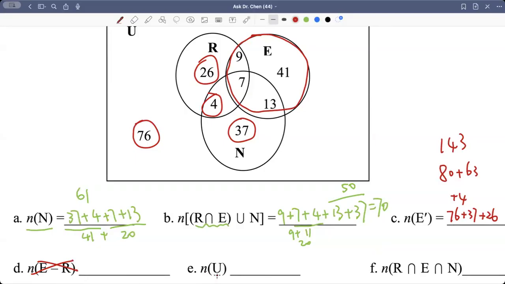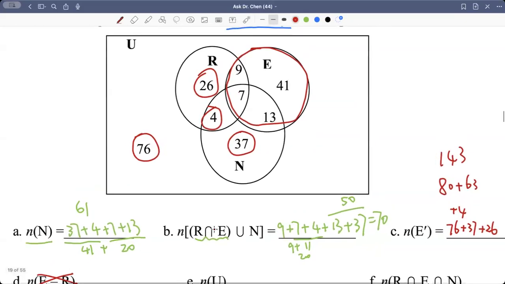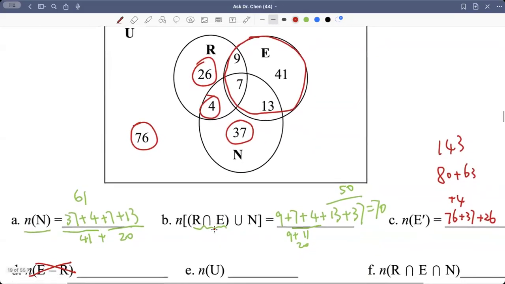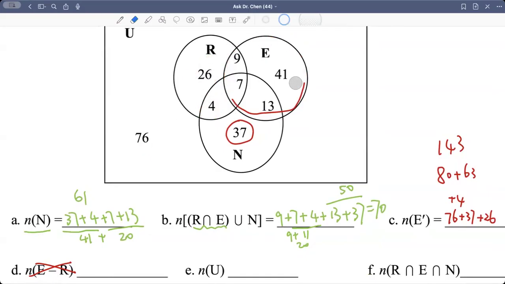Let's see cardinality of U. Right, U means the universal set. So everybody, just add up all the numbers. So I have 76. 76 plus 37.